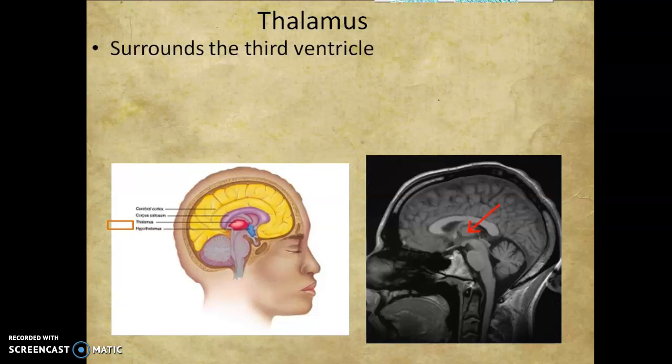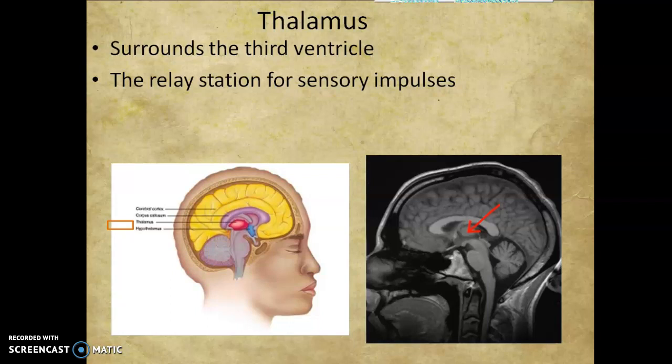If we jump right into this and look at the thalamus, the thalamus is going to surround the third ventricle. If you remember, there are 4 ventricles in the brain, and this third one has the thalamus surrounding it. The job of the thalamus is the relay station for sensory impulses.